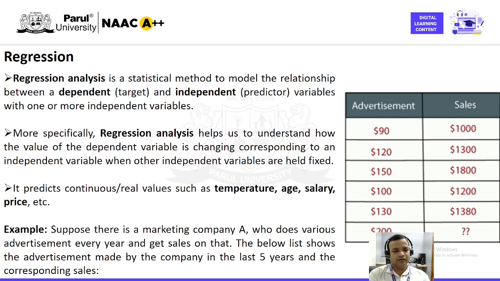For example, temperature, age, salary, price, etc. Whenever you want to develop a model to identify the temperature, age, salary, and price, these parameters give the value in a real, continuous form.